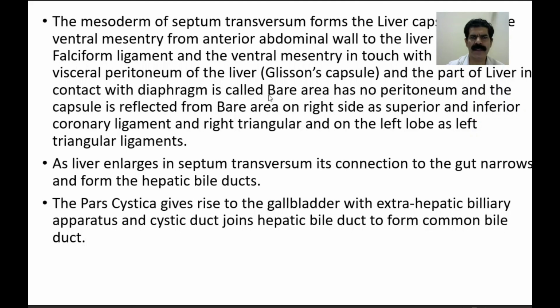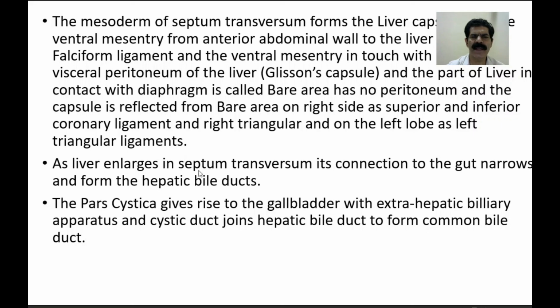So the connecting area is called the bare area of the liver, and there is no peritoneum present. The capsule from here, or the ventral mesogastrium, is reflected from the bare area on the right side as the superior and the inferior coronary ligaments and the right triangular ligament, and on the left side from the left lobe of the liver as the left triangular ligament.